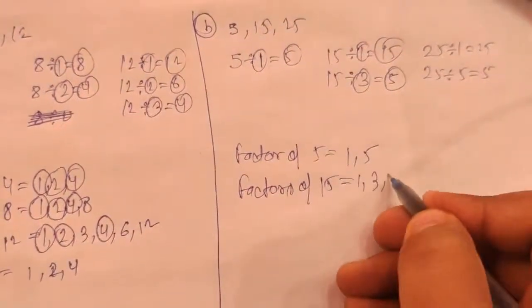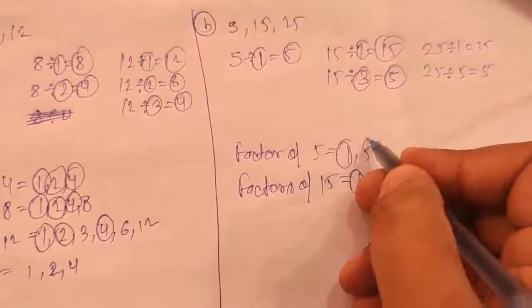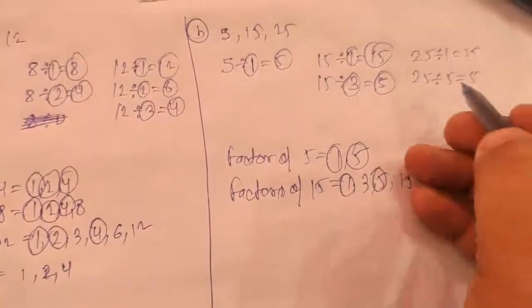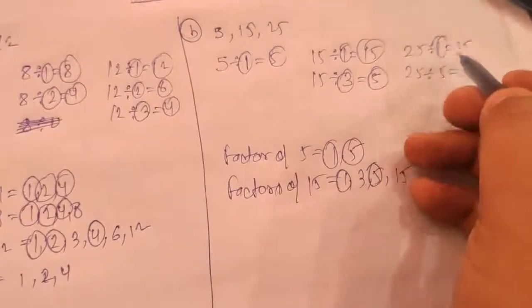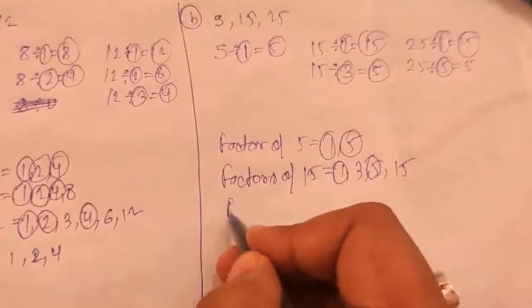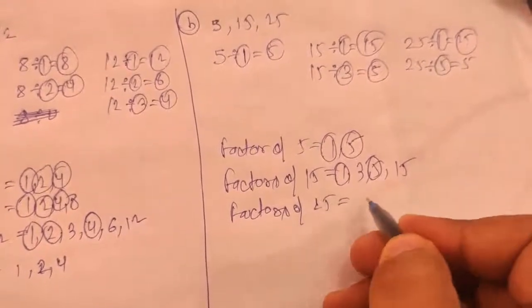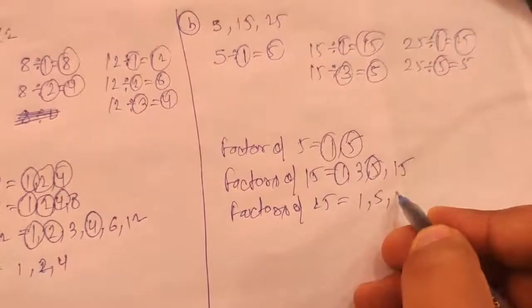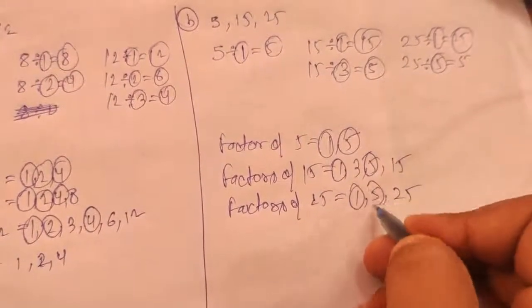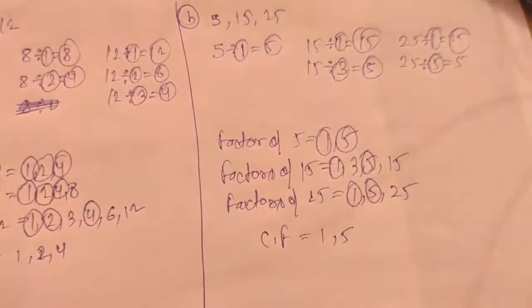And 1, 5 and 25 are the factors of 25. So we will write the factors of 25: 1, 5 and 25. So 1 and 5 are common and no other is common. So the common factors are 1 and 5.